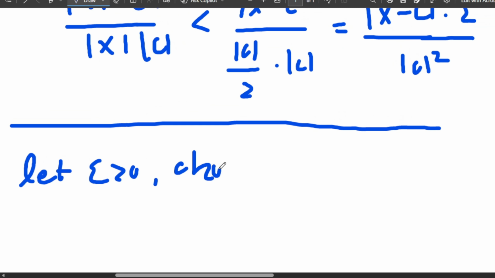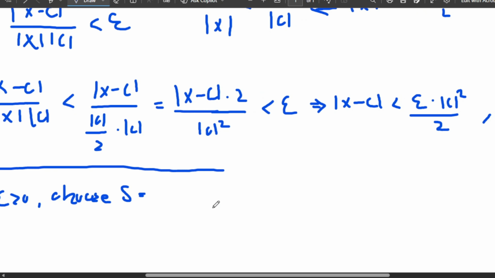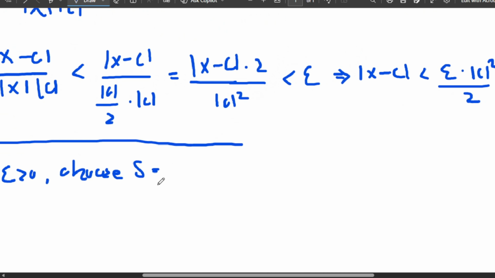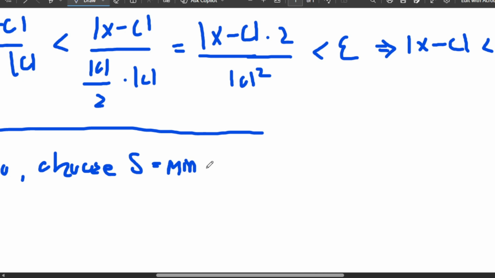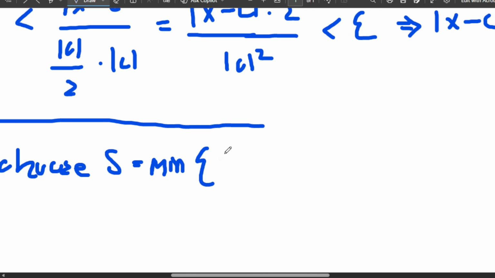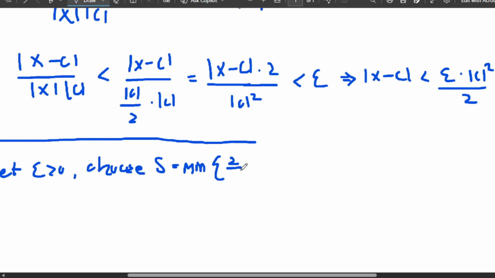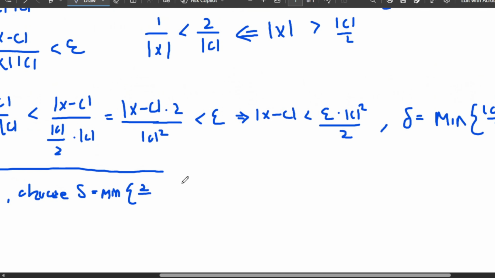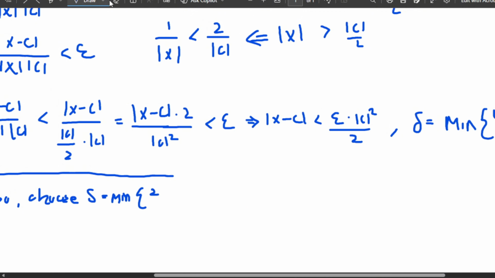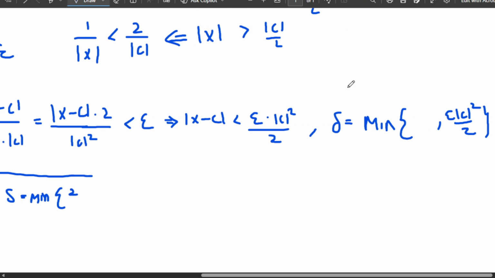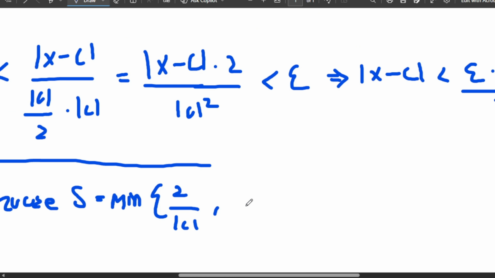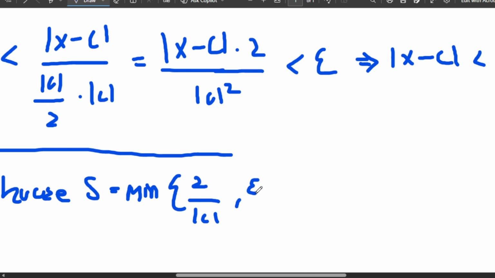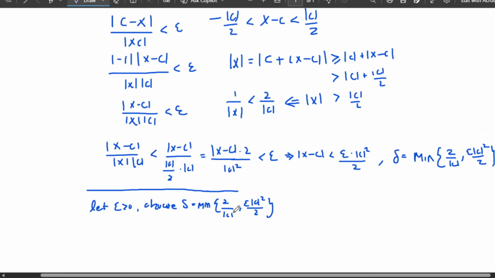We choose our delta, and don't forget c is in the real numbers, to be the minimum value of |c| over 2 and epsilon |c| squared over 2.